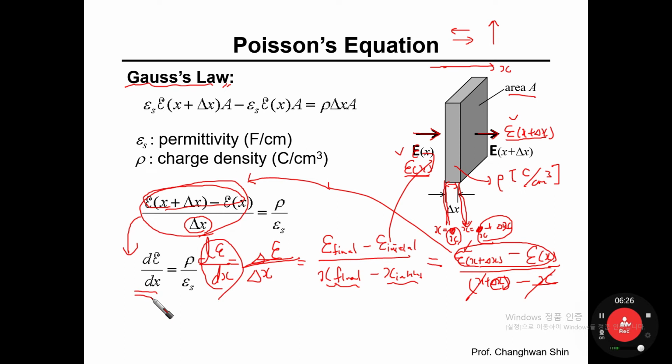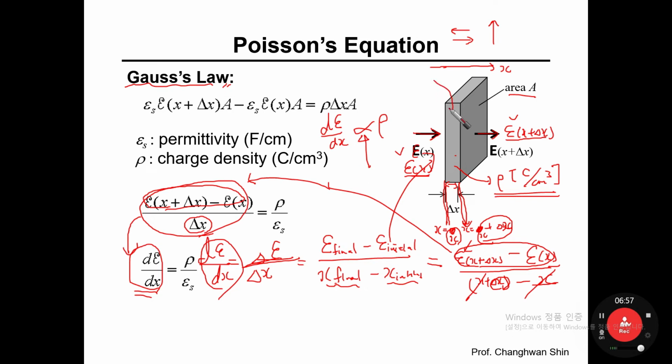Then Gauss's law says this electric field intensity variation with respect to x is proportional to how much charge has been stored within this small unit volume. So dE dx is proportional to the charge density. Then what is the coefficient for this relation? Yes, it is defined as the dielectric constant.